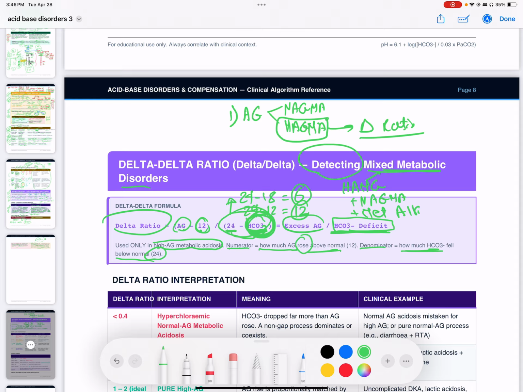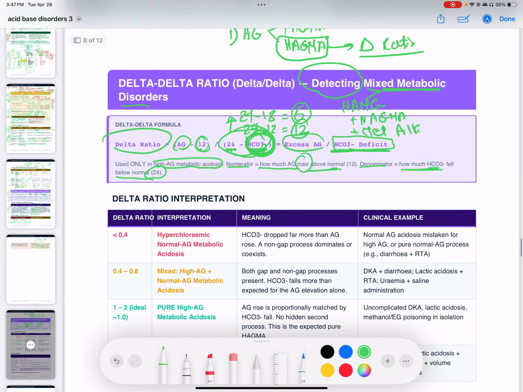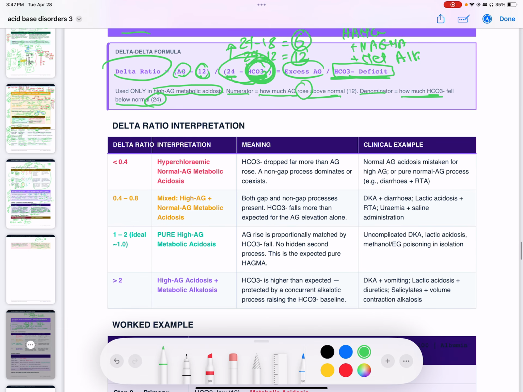I hope this makes sense because the interpretation, I think, is a little bit challenging to understand, but it's not that complicated. Let's say you do the delta ratio and you find it in the range between 0.4 to 2.